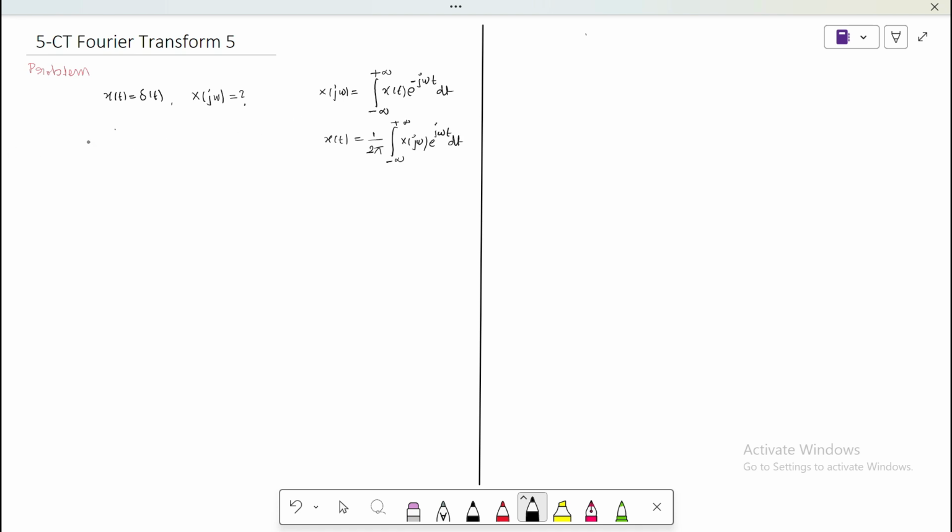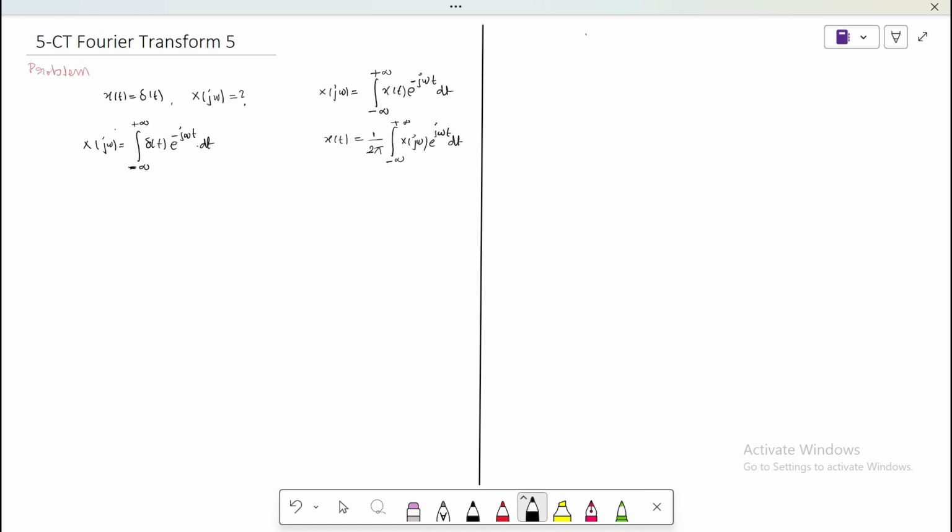So the Fourier transform X of j omega, minus infinity to plus infinity. What is the x of t? Del of t, e power minus j omega t into dt.